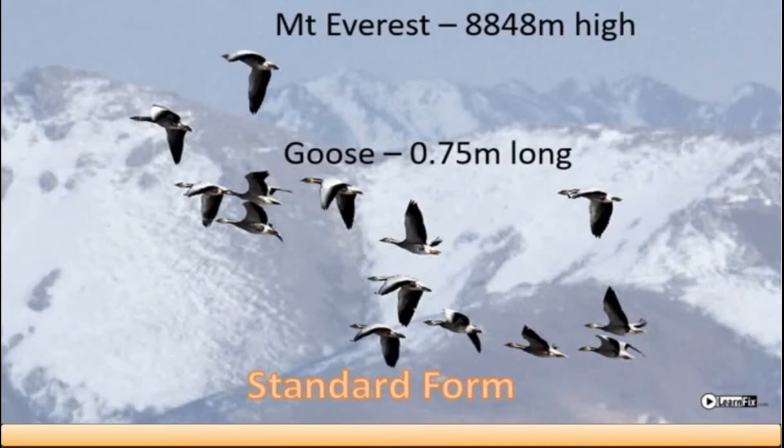The bar-headed goose, which migrates over the top of the mountain, measures around 0.75 meters in length. It's difficult to relate these figures to each other, but using standard form or orders of magnitude makes them easier to understand. Standard form makes it easier to work with very large or very small numbers.